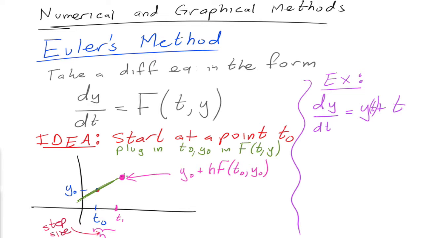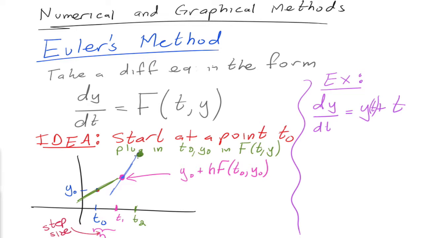Then what do you think I'm going to do next? I'm going to plug it in again and find some other slope. Let's say the slope of the tangent line this time looks like that. If I use the same step size, at t2 I will approximate my solution to be right around there.